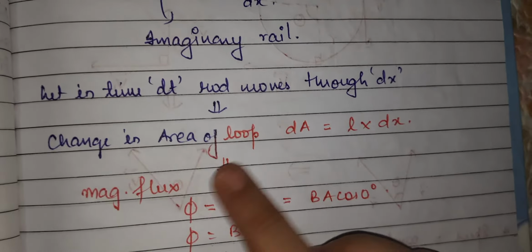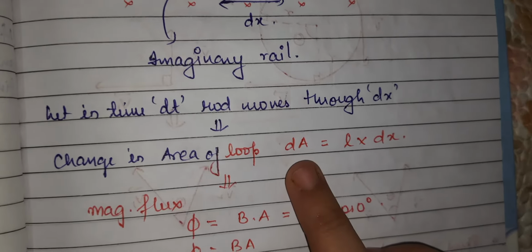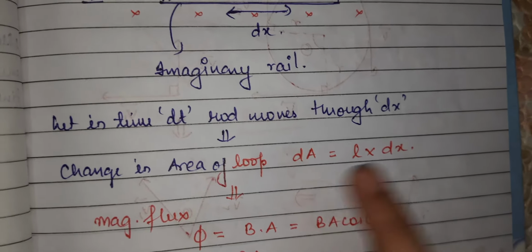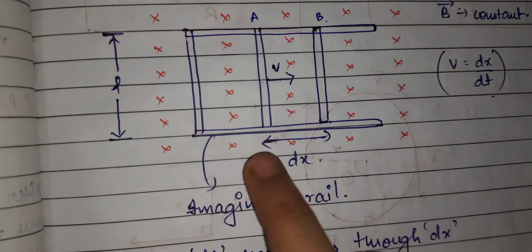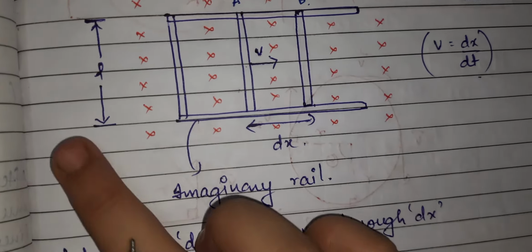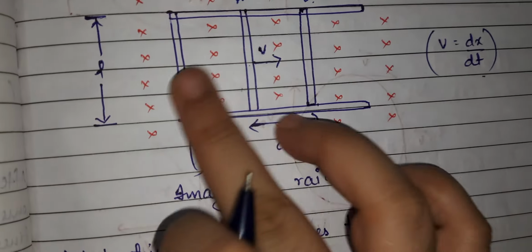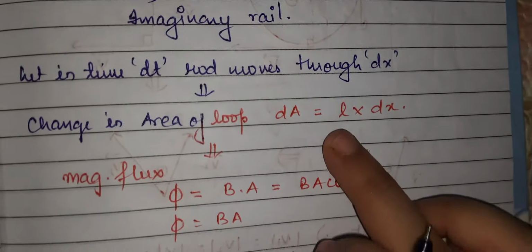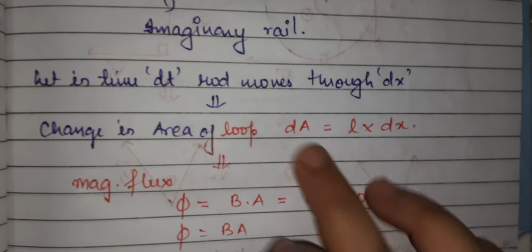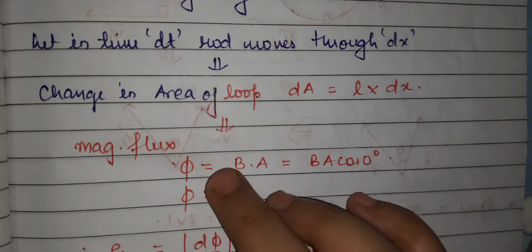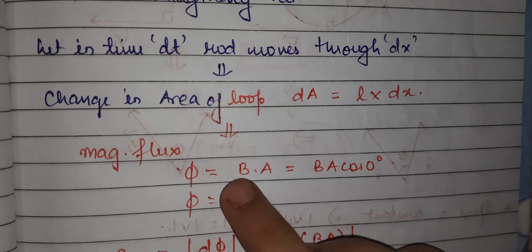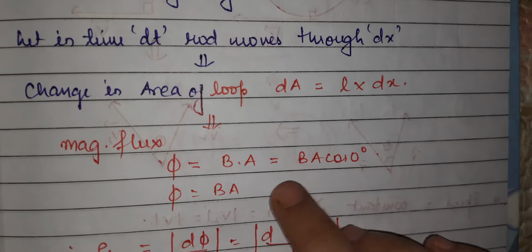The change in the area of the loop is dA = L dx, that is, the length of the conductor multiplied by the change which happened. We all know that magnetic flux is B into area, that is BA cos 0.